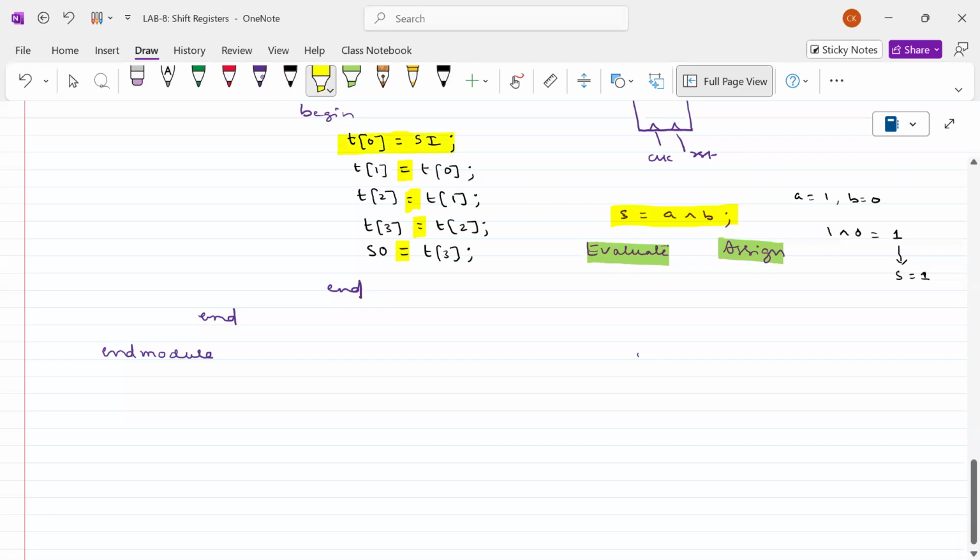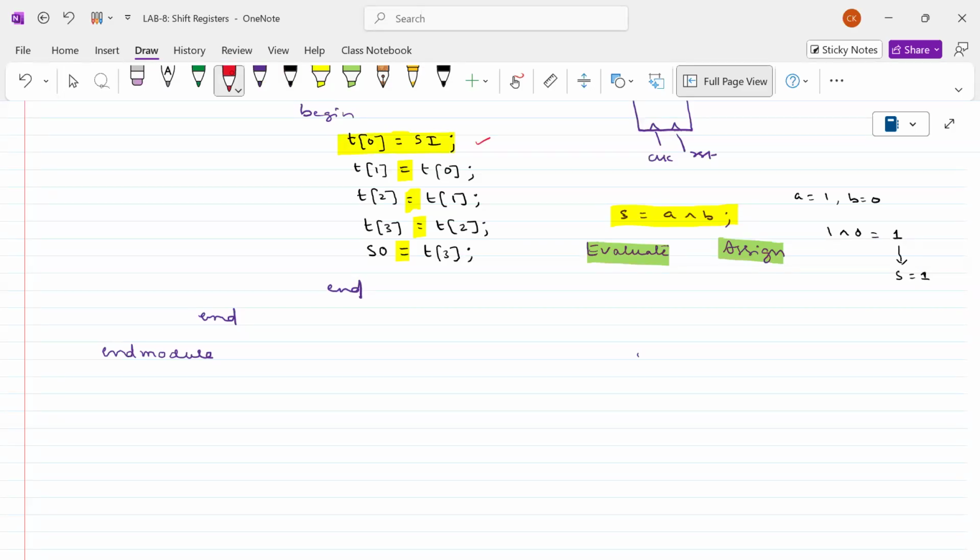Of course, here SI is only a single variable. There is no expression here, but anyway, SI is evaluated and then that value is assigned to T of 0. Once evaluation and assignment are completely done, then it will go to the second statement. Without completing this particular statement, it cannot go to the next one.